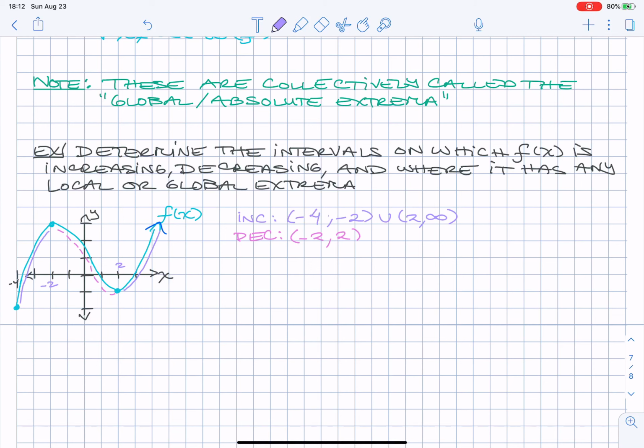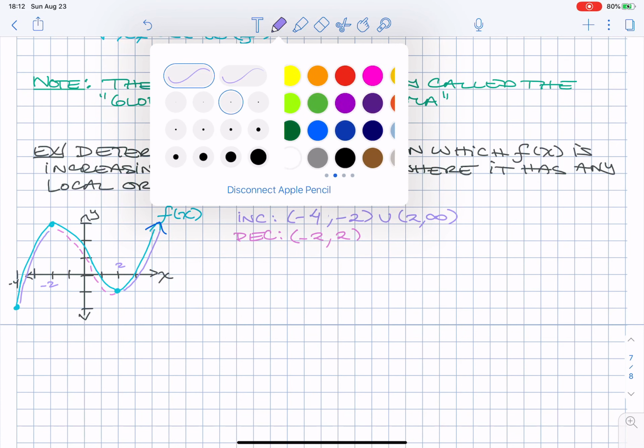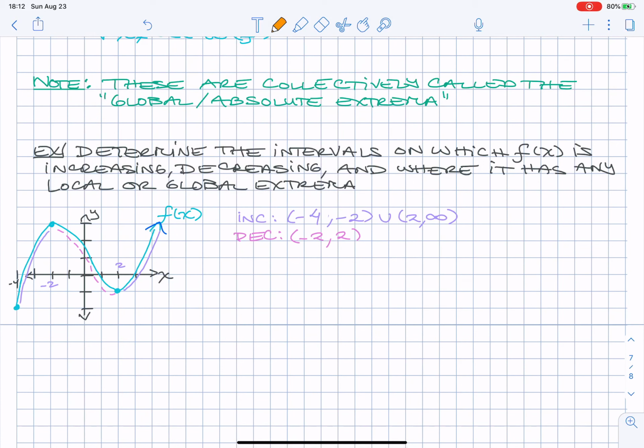But what I can do now is look at a minimum value. This is going to be a global minimum, because there's no smaller value now for y. So this is the smallest value for y, and it's at -2. So the global min is going to be at -4 for x and -2 for y.